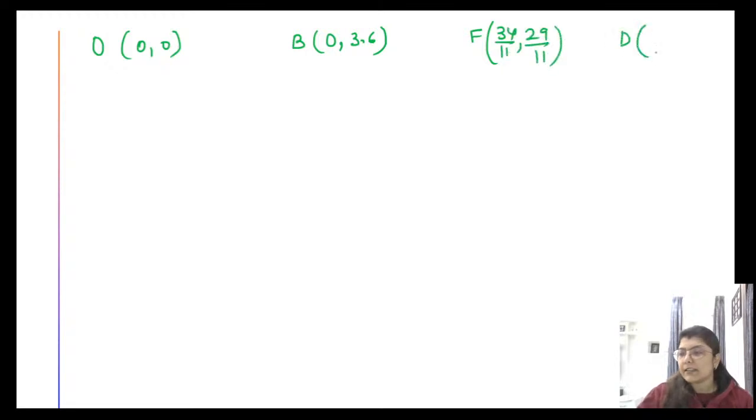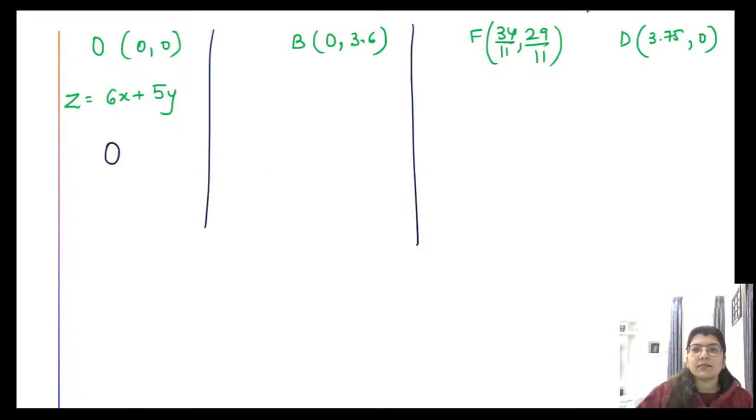And you have D. D is 3.75, 0. What you have to do is maximize z. So you have to substitute, z is equal to 6x plus 5y. So basically you have to substitute x and y. So what will the result be here? The result here will be 0 only. What will be the result for B? What will be the value of z for B?